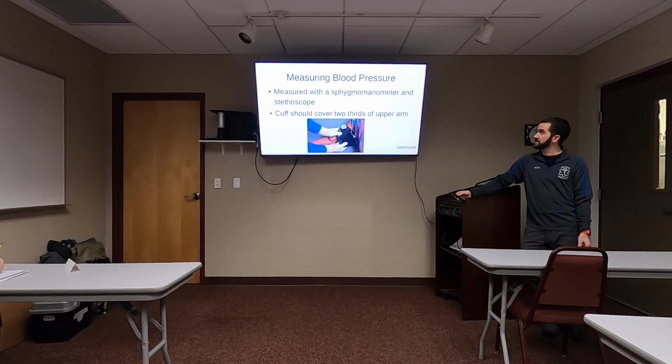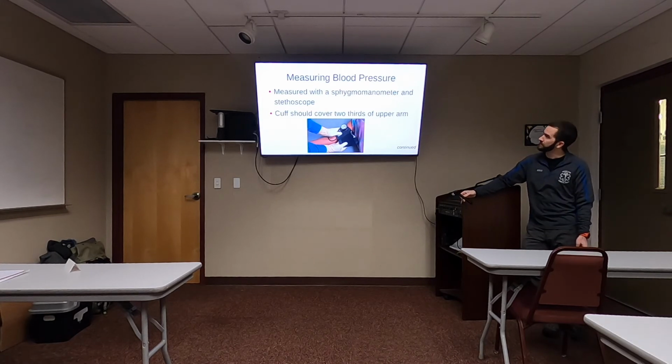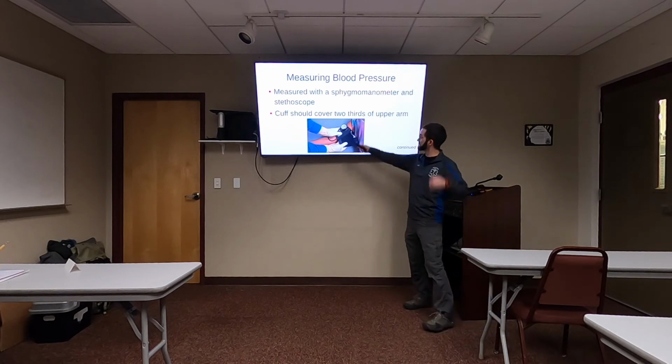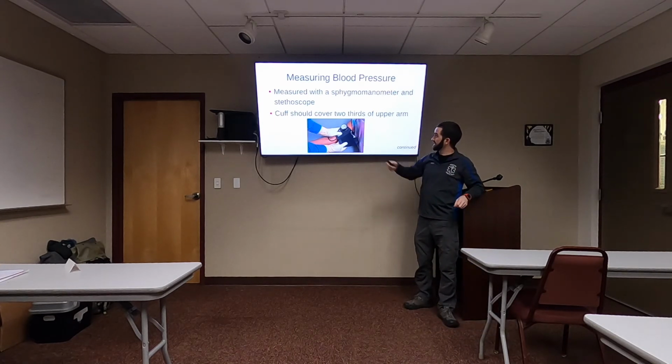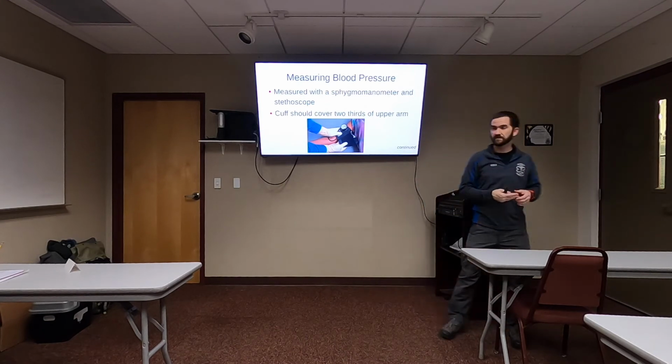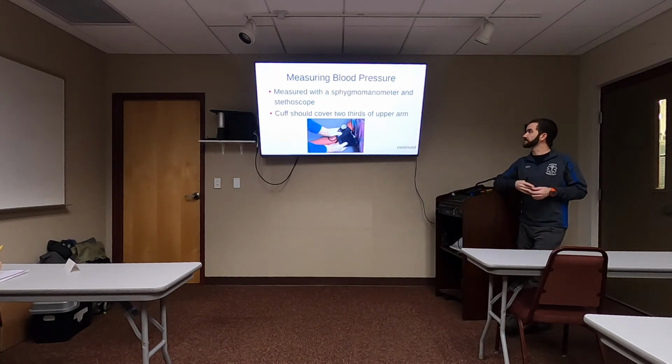We measure this with a sphygmomanometer. I can never get that one out, but a blood pressure cuff. And just use the right size of cuff. These things come in 4 different sizes: infants, kids, small adults, and larger adults.